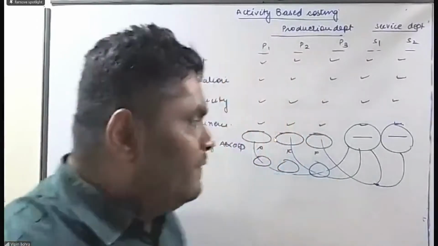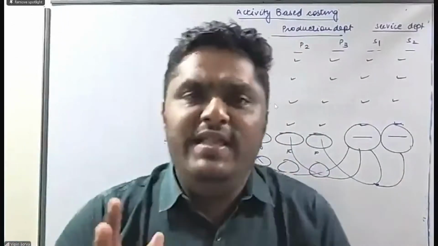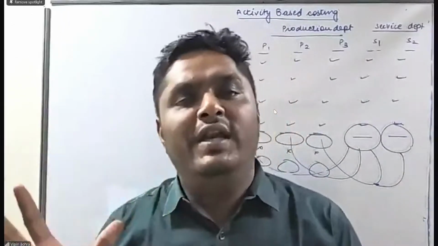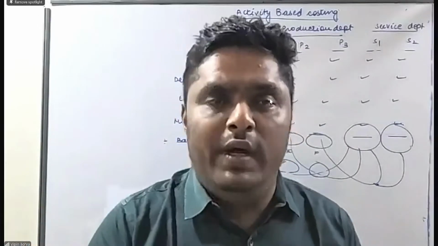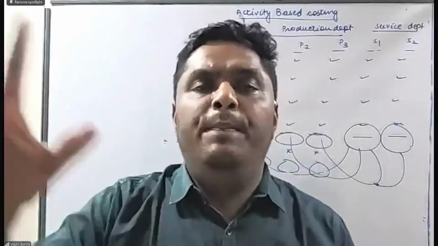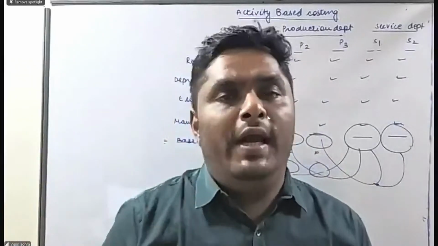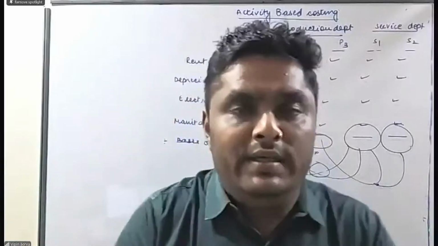After that we got the final absorption rate, and that rate was used to charge the overheads of these three production departments to a particular product or job to calculate the total cost.